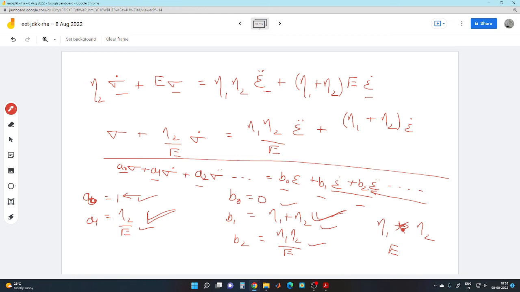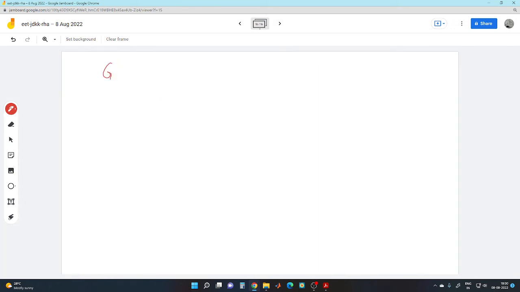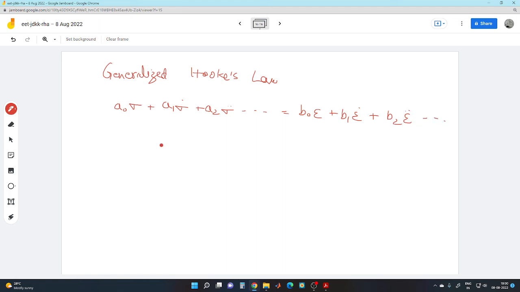Can you repeat, please? Yes, I can repeat. We'll go to the new slide. So we have a generalized Hooke's law, and that is of the form A naught sigma plus A1 sigma dot plus A2 sigma double dot and so on equal to B naught epsilon plus B1 epsilon dot plus B2 epsilon double dot and so on.